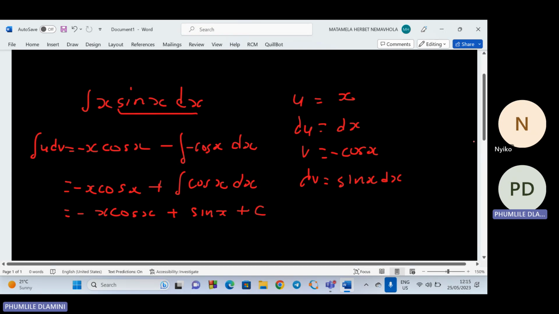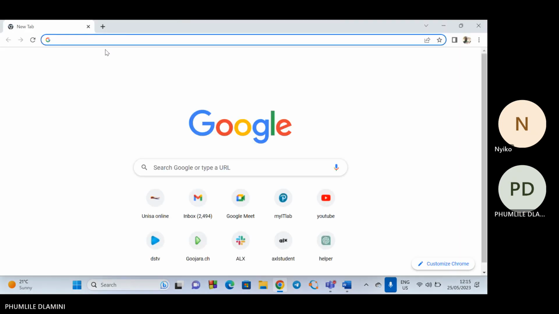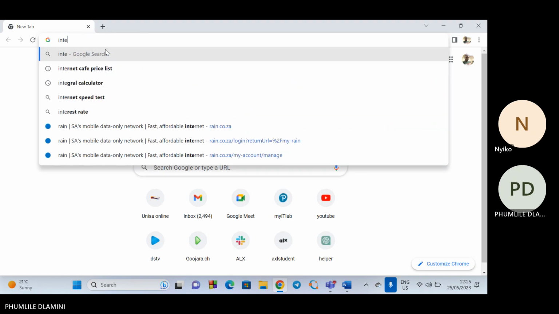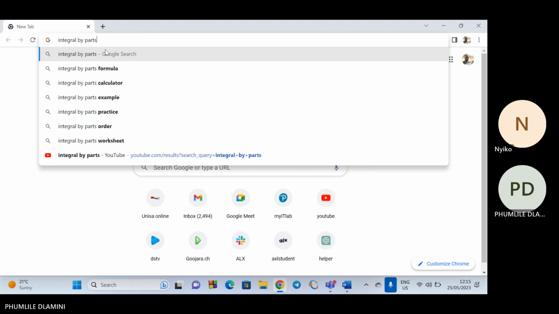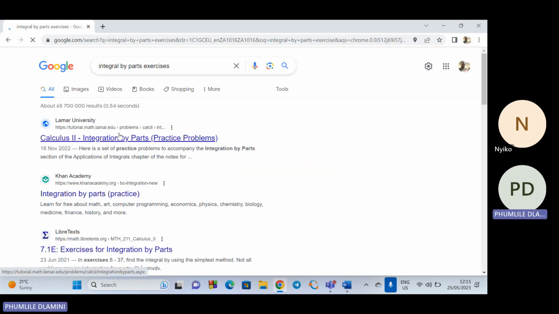So with integration by parts, you can try to do as many questions as possible. If we check here, we can look for maybe some questions. We can do integration by parts.